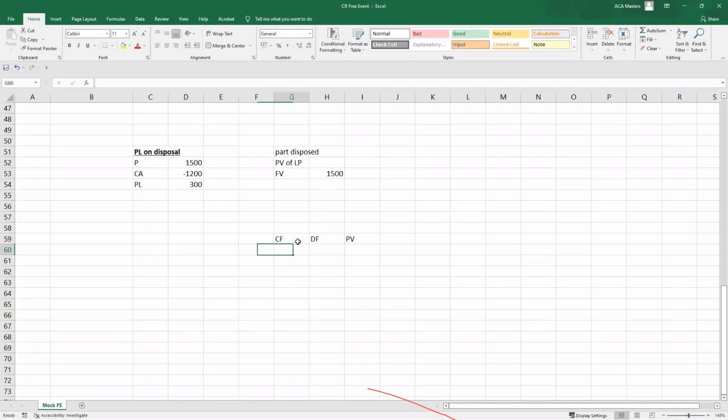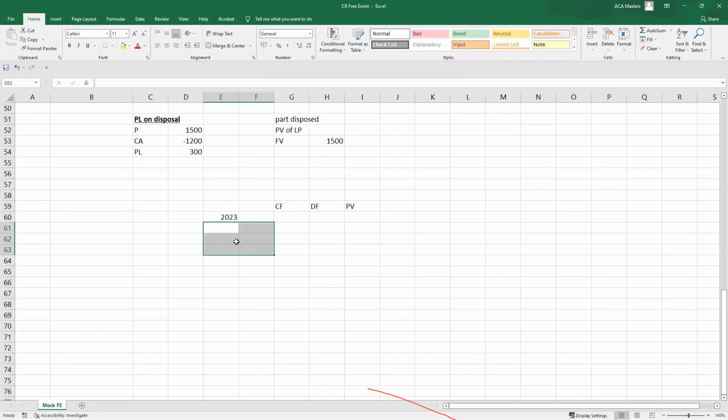So there are different ways we could work this out. We've obviously got 2023 as the first payment, and then it's going to be for the next 11 years, so we're going to have 11 payments in total. You could do this the really long way and work out the cash flows for each year.